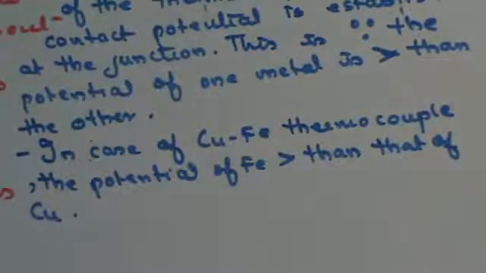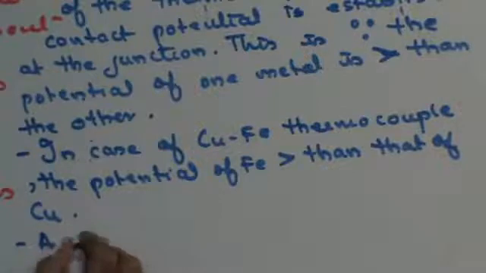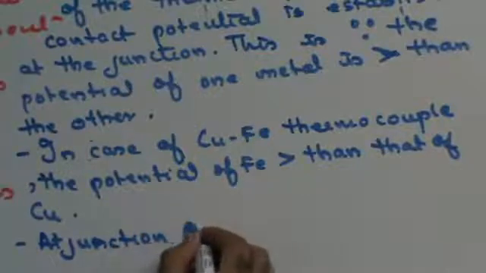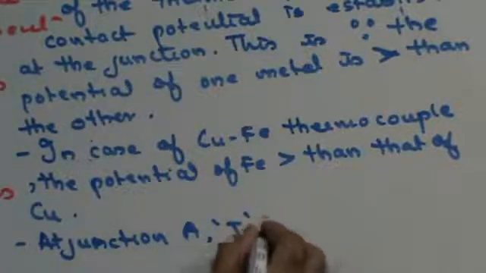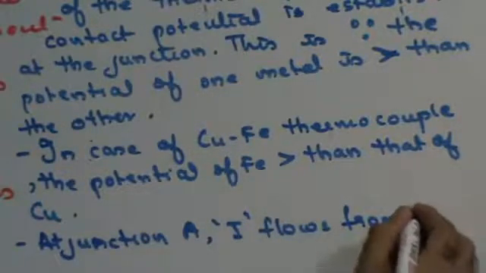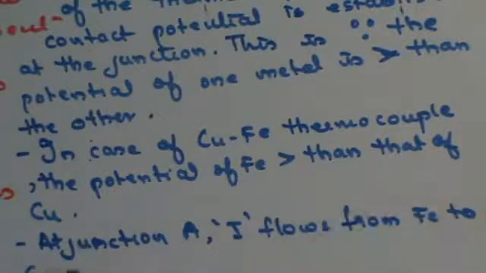So as a result, at junction A, current flows from iron to copper.